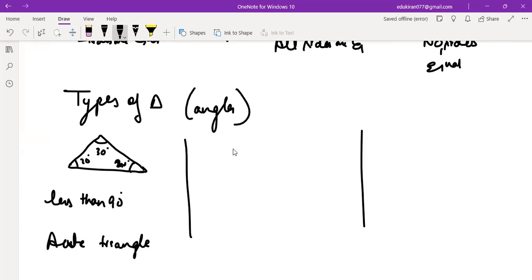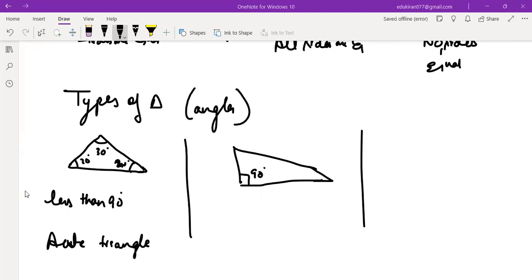And coming to the next one over here, this one. You can see this is itself a 90-degree angle, so this is a right angle triangle. So what will be the property for this right angle triangle?